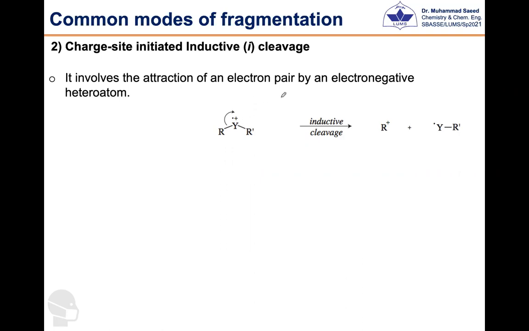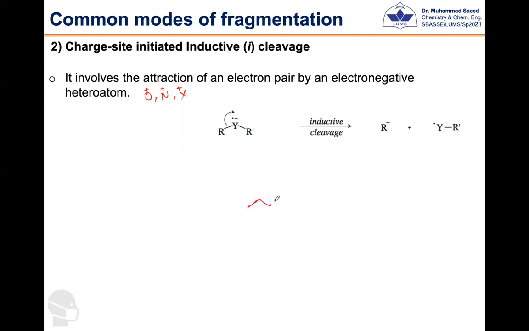So if the atom is electronegative like oxygen, nitrogen, or halogens, then creation of a positive charge will not make them happy, and they will try to pull electrons from the adjacent bond toward themselves. By doing that, they will put the positive charge on the fragment from where they have pulled the electron, and they themselves become neutral by this pathway. So we can see some examples here.